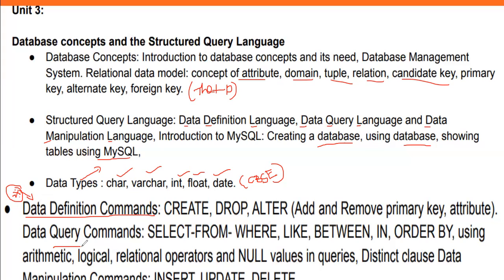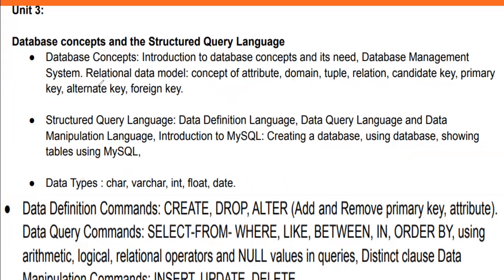Then data query command, select, from, where clause, like clause, between, in, order by, using arithmetic, logical, relational operators and null values in queries. Then the distinct keyword, distinct clause, and the data manipulation commands insert, update and delete. So these are the Unit 3 chapters you are going to study.